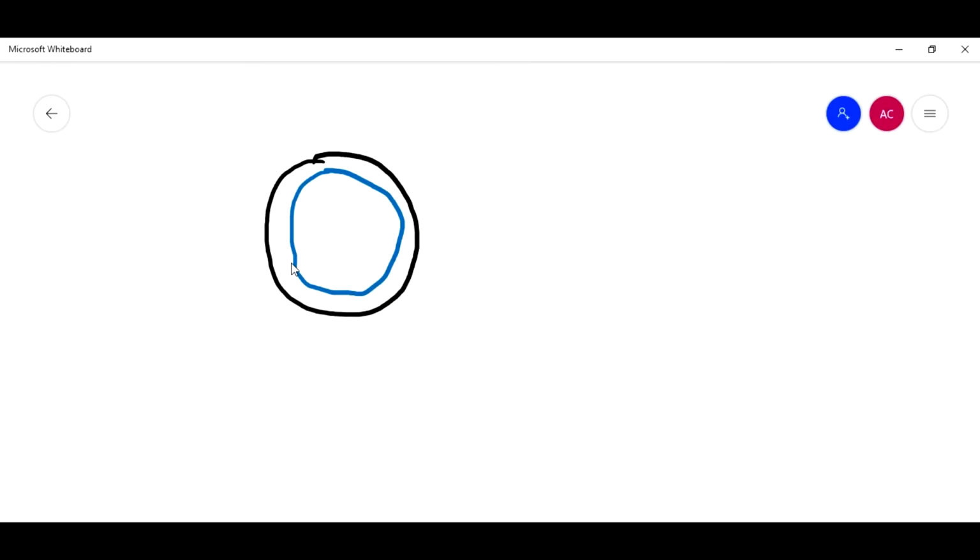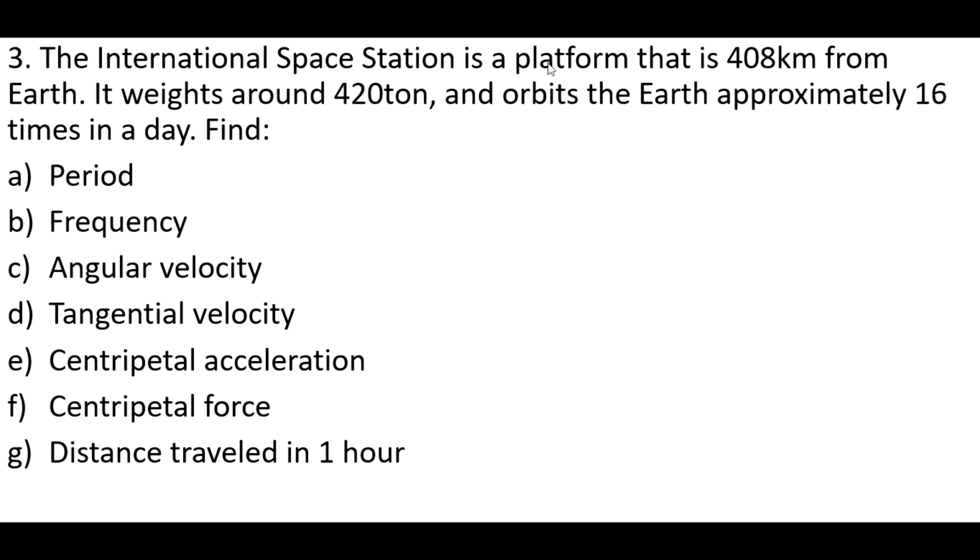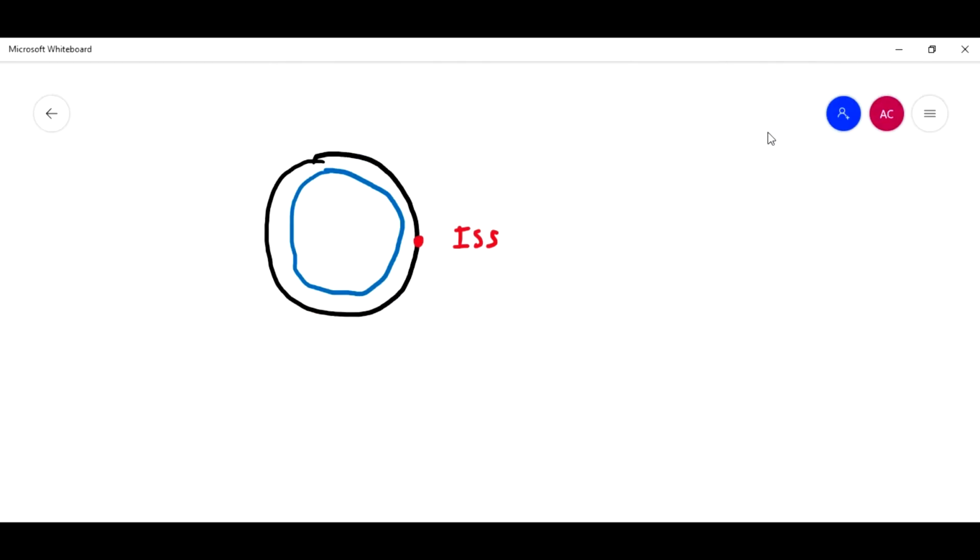So that is the International Space Station, and it says that it is 408 kilometers from Earth.